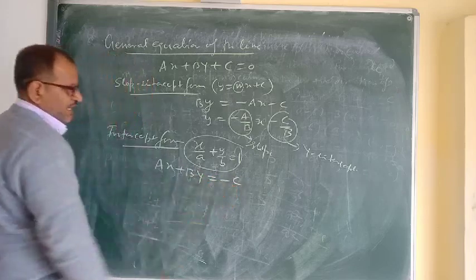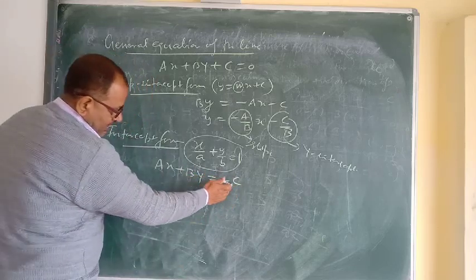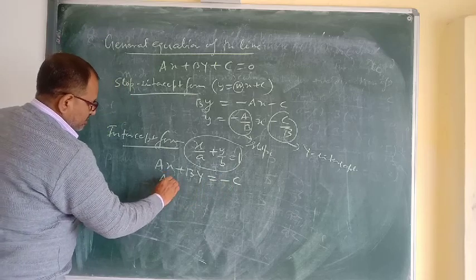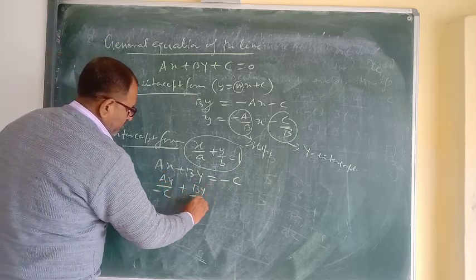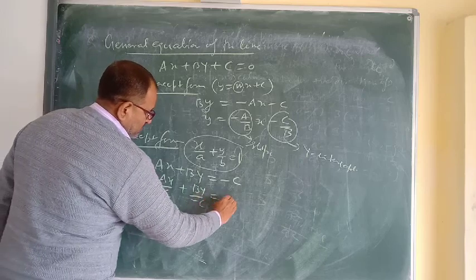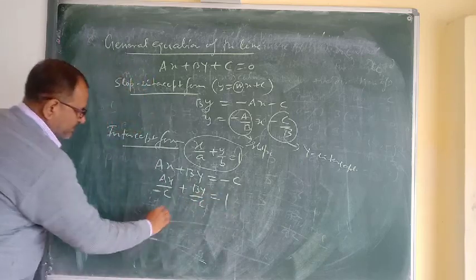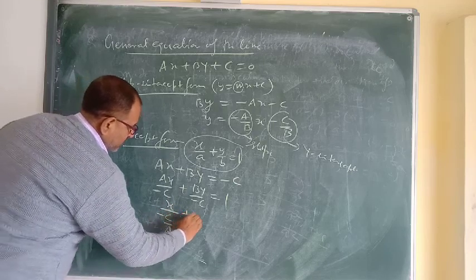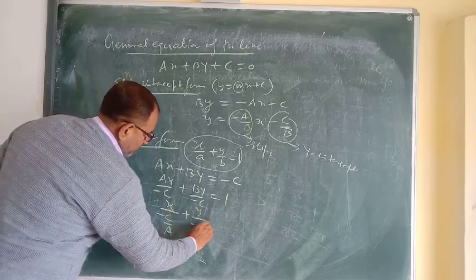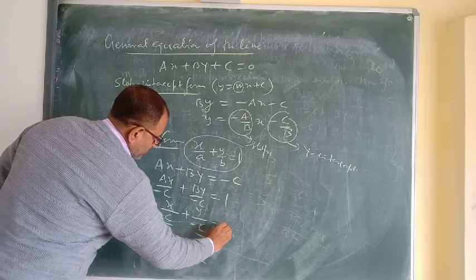We have to make this side 1. So dividing both sides by minus c, ax upon minus c plus by upon minus c, and minus c upon minus c will be 1. We can write it x upon minus c by a plus y upon minus c by b is equal to 1.